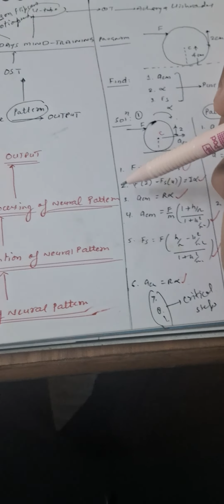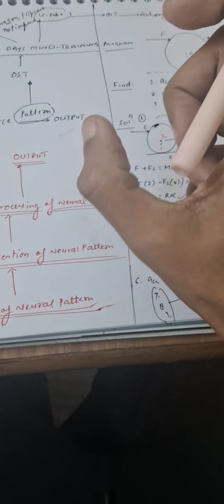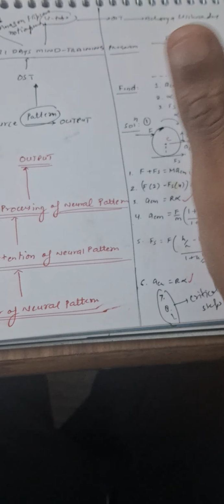So basically, the OST program is about making students learn the process of developing neural patterns and their transfer to the mind, and the retention when you solve a particular question. As you must have seen, this particular question can be solved within 30 seconds using this neural pattern.